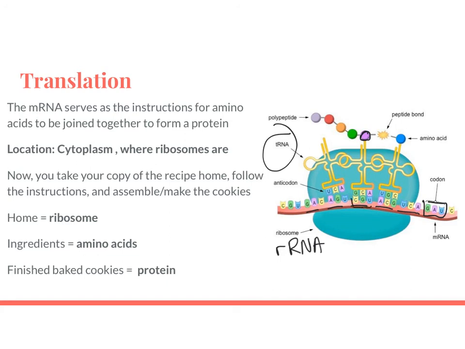So they read that code, so CGU, and that brings in a specific amino acid. Then we're going to read the next one, and that's going to bring in a specific amino acid. It's going to build this long chain, and eventually this is going to be the protein.